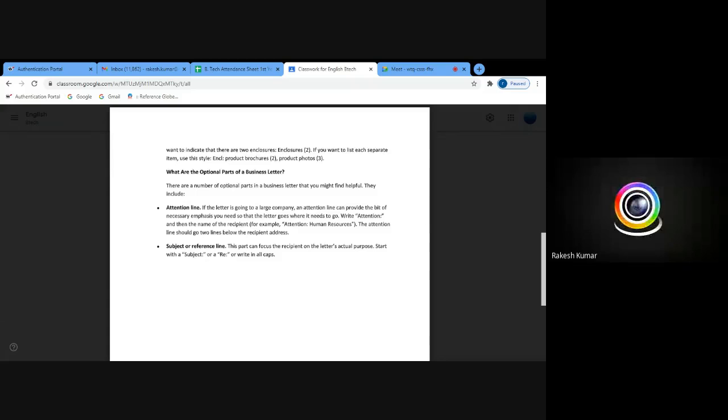Then they're saying a subject or reference line. But I tell you, a reference number and a reference line are different. The reference number is important in some letters, because almost all professional or formal letters have a reference number. It shows, first of all, that this has been entered in the record.